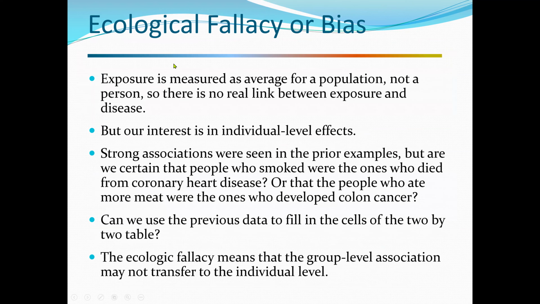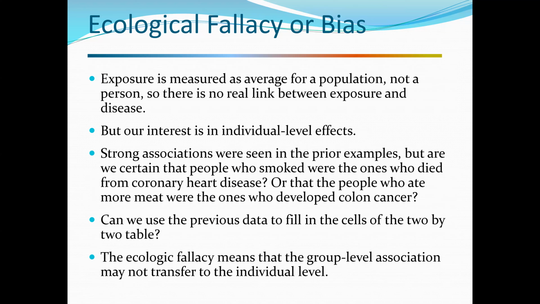So we have something we call the ecological fallacy, or bias. The whole concept of ecological fallacy is that, since in ecological studies our unit of observation is the group, we cannot say that people from one specific region, due to this factor, are more prone to this type of case.